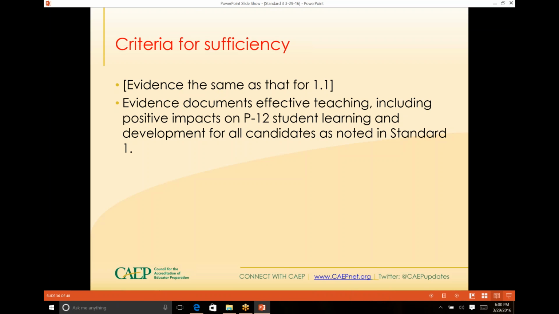So again, what many people have asked me is about this impact on student learning and that it's all in Standard 4. And I say to you, no, impact on student learning for candidates is also in component 1.1. It's also in component 2.3 in clinical experience, and it's a big part of this component 3.5 on exit standards and ongoing selectivity of candidates.